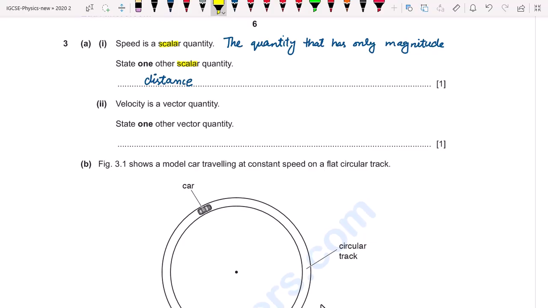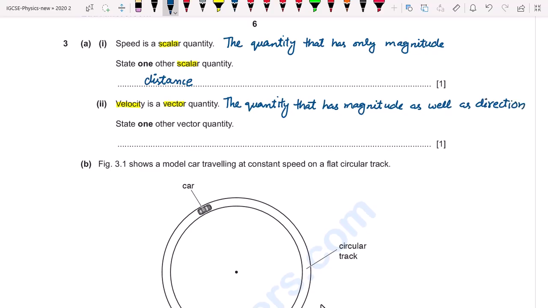Part 2. Velocity is a vector quantity. State one other vector quantity. So a vector quantity is actually a quantity that has magnitude and direction. So I write here the quantity that has magnitude as well as direction is known as vector quantity.